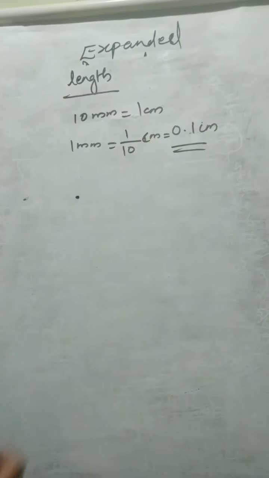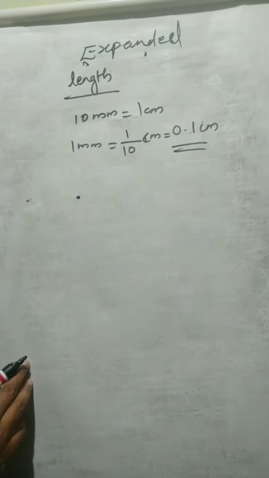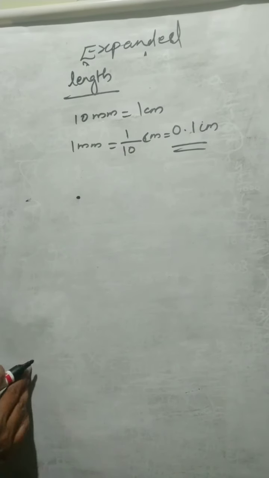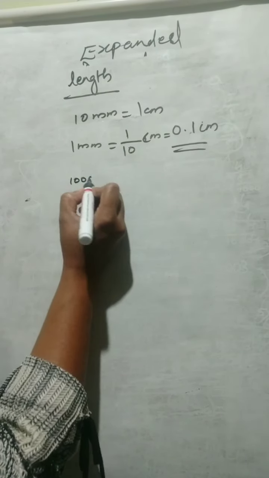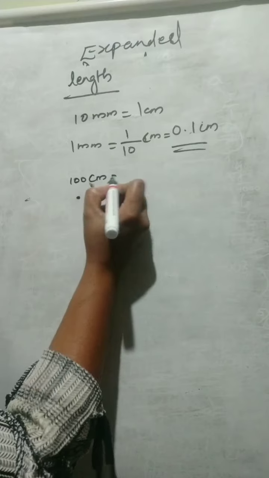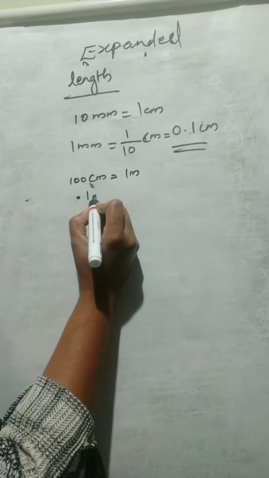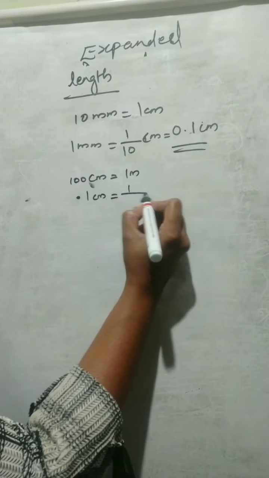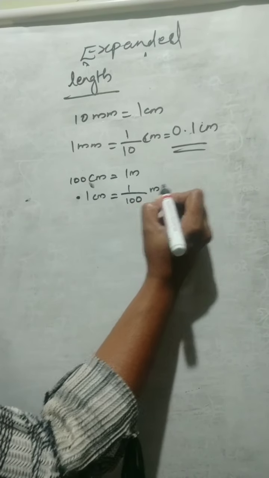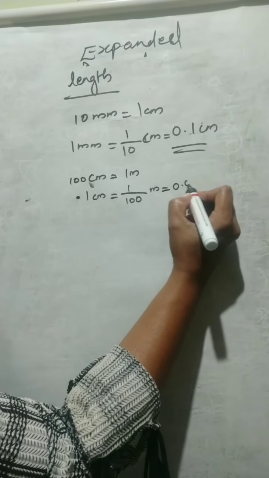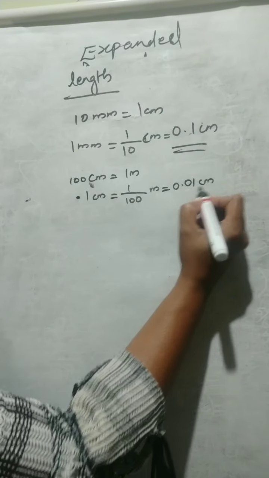Then next, 100 centimeter is equal to 1 meter. So we can say 1 centimeter is equal to 1 on 100 meter. That means 0.01 meter.